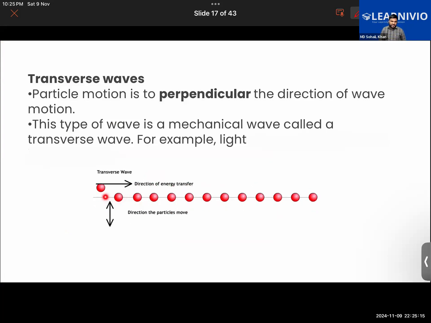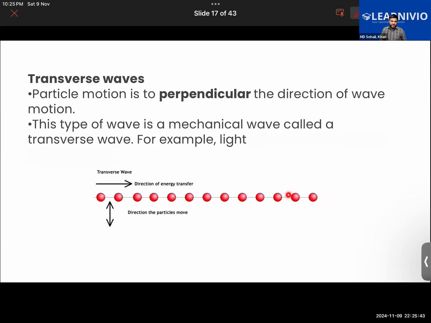So energy is traveling from its source to over here, in the form of transverse waves, in which these are the particles of the medium. The red dots that you're seeing are jumping perpendicular to the pathway of the wave. This straight line shows the direction in which the energy is being transferred, in which the wave is traveling.